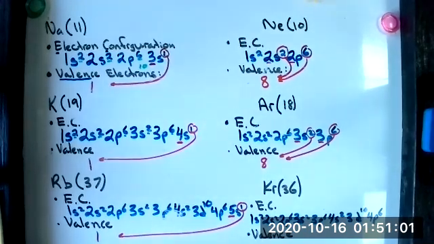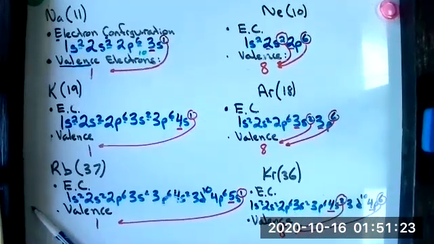Bingo, there's 36. Valence: scan, look, highest main level. Okay, I've got 2 in the 4s. I'm going to take the total. There's 2, and there's 6, total 8.